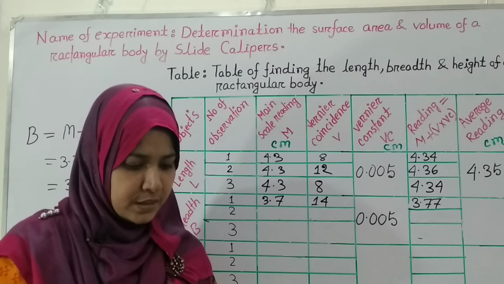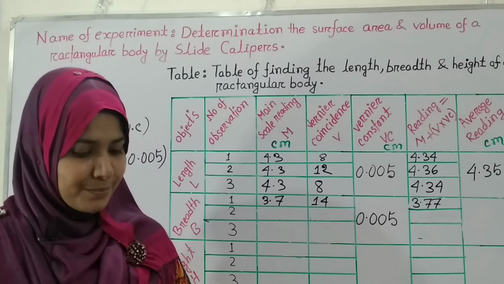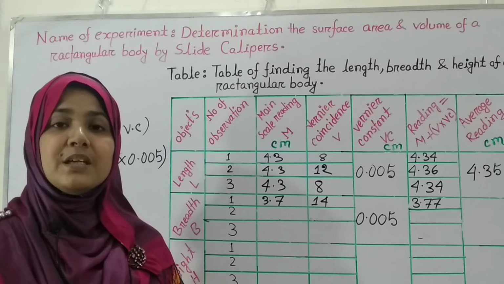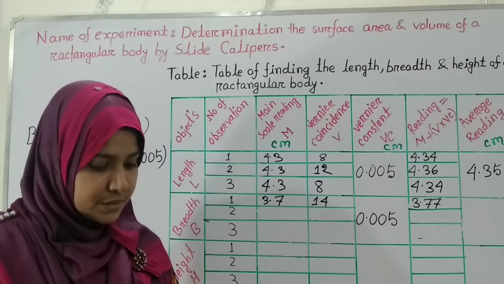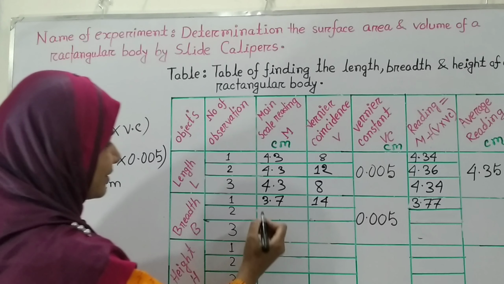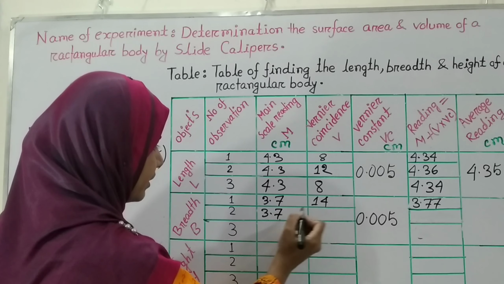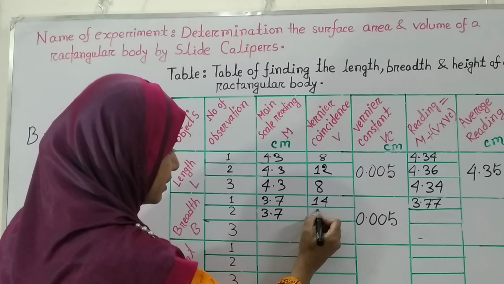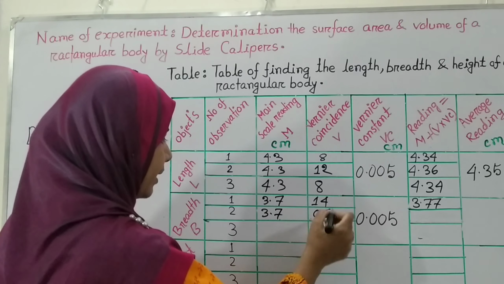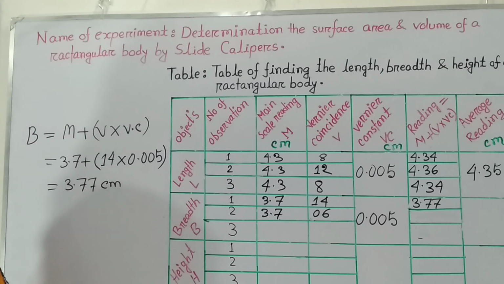This time the main scale reading is not changed, but the vernier coincidence is changed. Now the vernier coincidence is 6. Main scale reading is 3.7 and vernier coincidence is 6. So I am going to calculate the reading of breadth again.